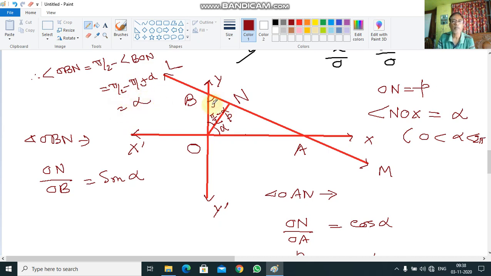So from triangle OBN, ON divided by OB, perpendicular divided by hypotenuse, is sin alpha.